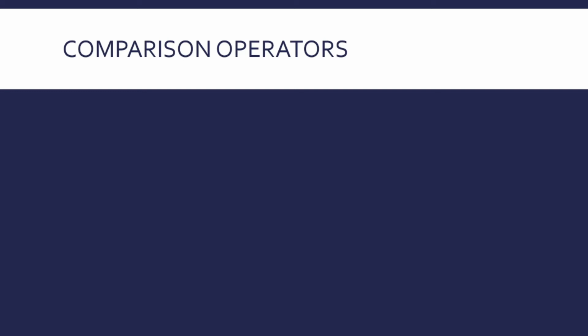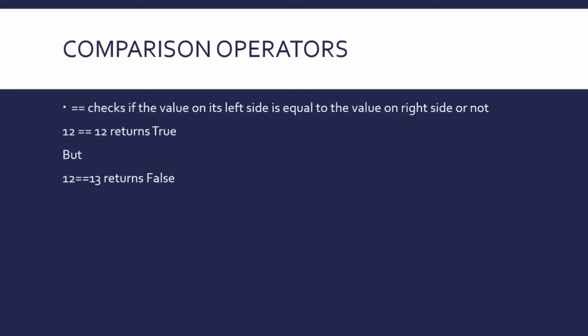Next we come to comparison operators. The first operator is the equality operator. It is just two equal signs. This equality operator checks whether the value on its left side is equal to the value on its right side or not.